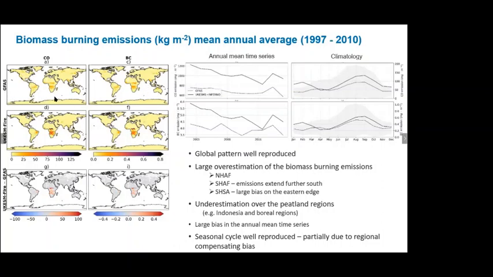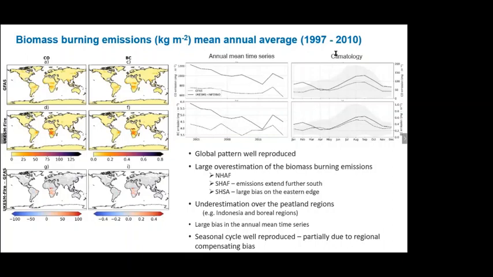This comes from GFAS data. And the middle row is what we get in the model. This is the annual average. And at the bottom is the difference between the model and GFAS. On the right, we have the annual mean time series. The solid line is the model, and the dotted line is GFAS, for carbon monoxide and black carbon at the bottom.